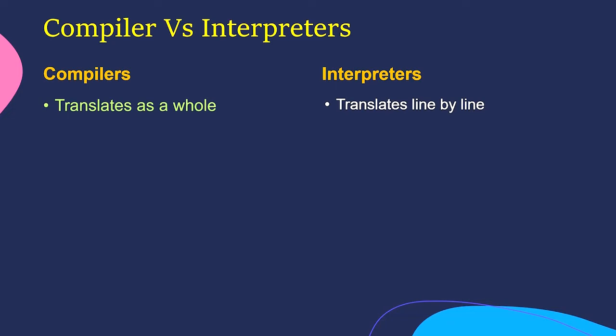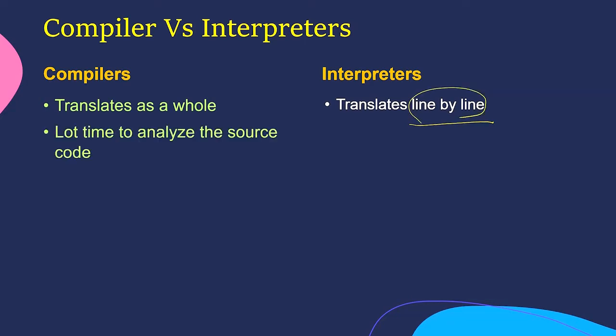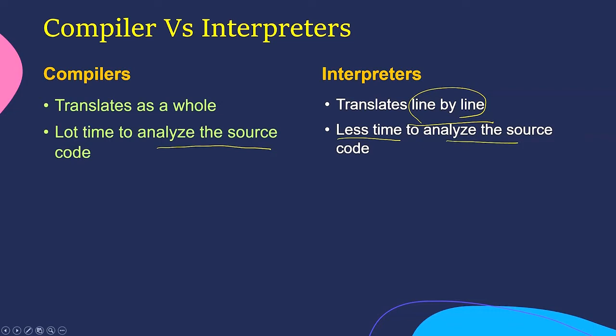Whereas interpreter, it translates just one statement of the program at a time into machine code. So compiler translates as a whole, whereas interpreter translates line by line. Next, compiler takes a lot of time to analyze the source code, whereas interpreter will take very less time to analyze the source code.